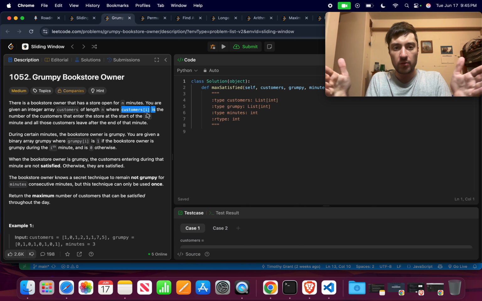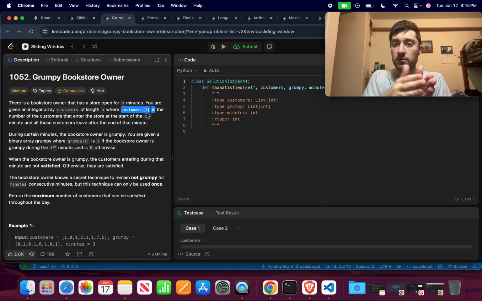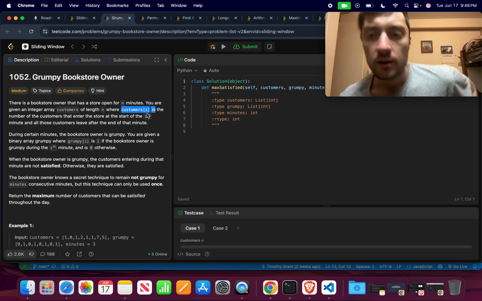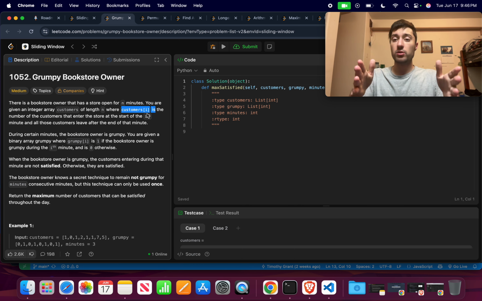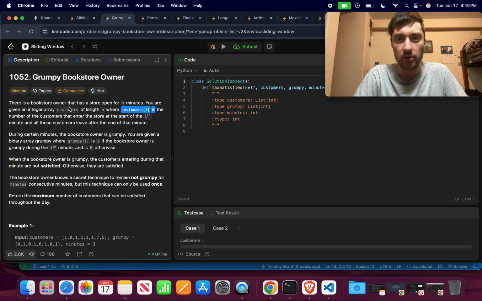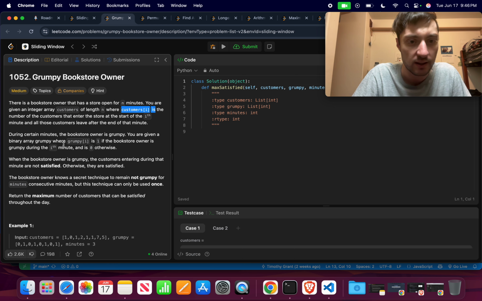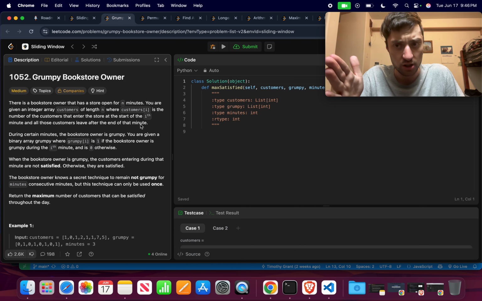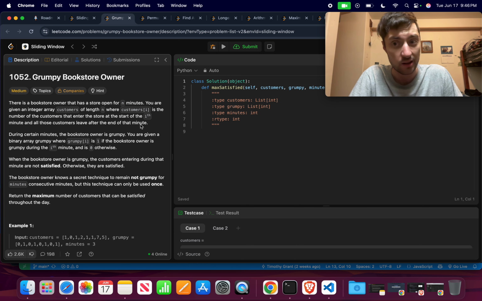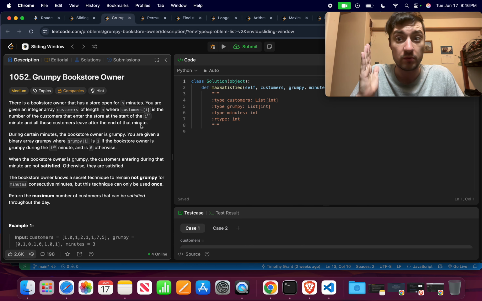If you have an array of 60 elements, that's an hour, and if you sum them all up, that would be the total number of people who entered the store within that hour. It breaks it down by the minute, so on the 32nd minute, maybe 5 people entered the store. And all of the customers leave at the end of that minute, so each customer is just there for one minute. It's actually how many customers visit the store in that minute.